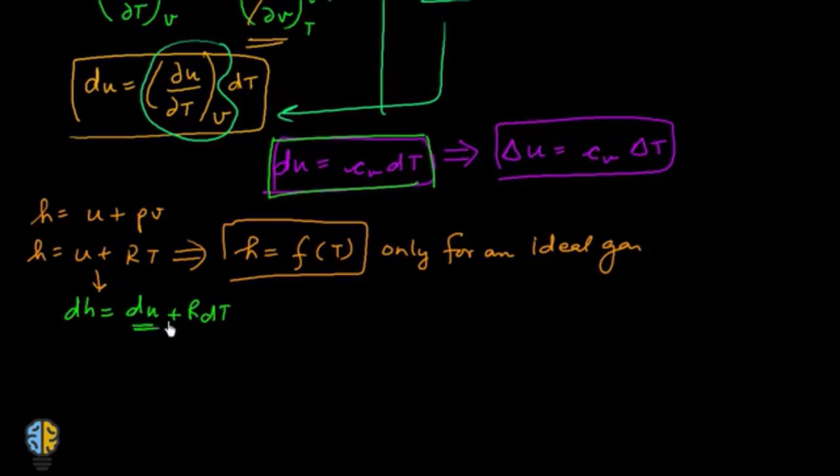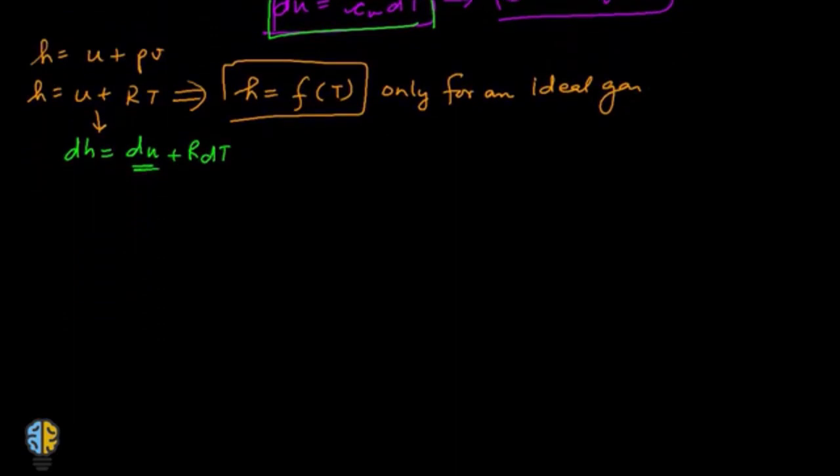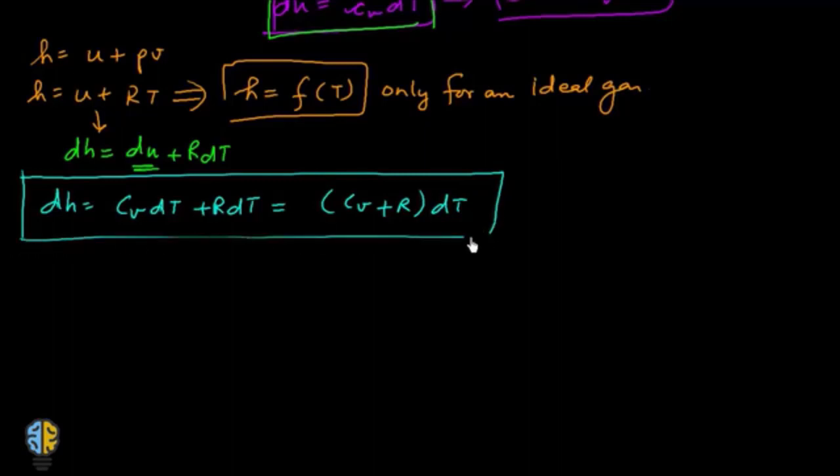So upon substituting the value for dU, I get dH is equal to Cv into dT plus R into dT, which gives me (Cv plus R) into dT. So this is again an equation worth looking at and remembering.